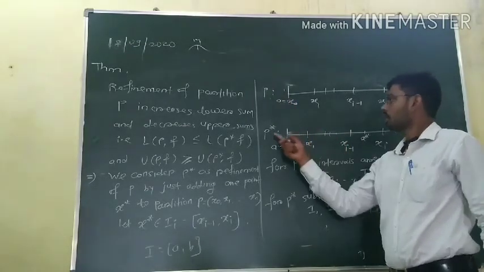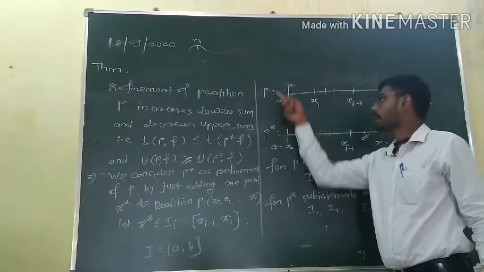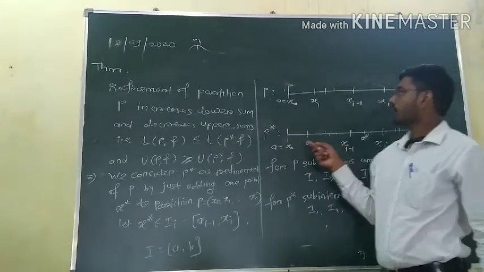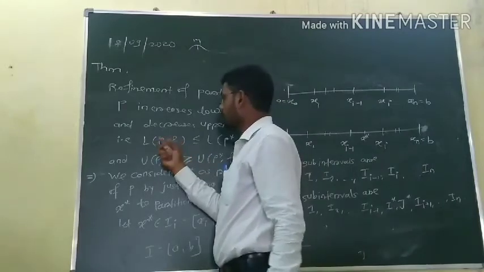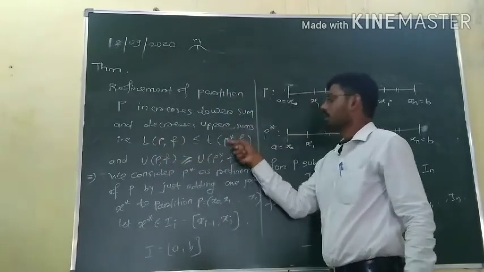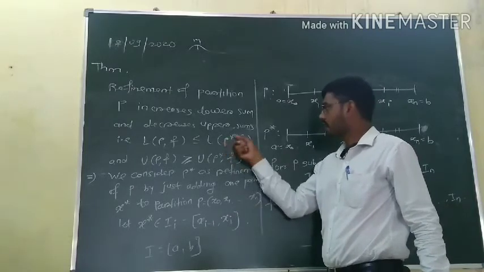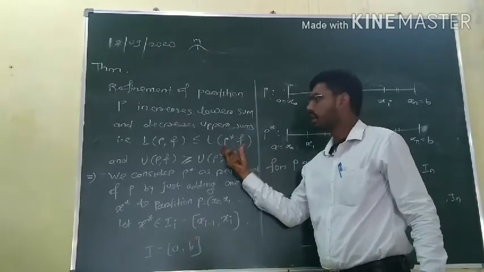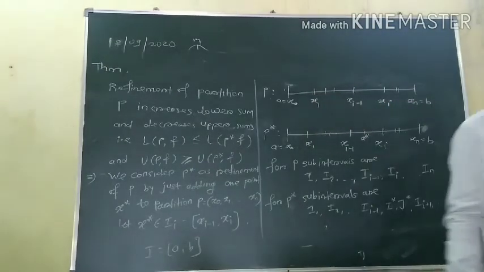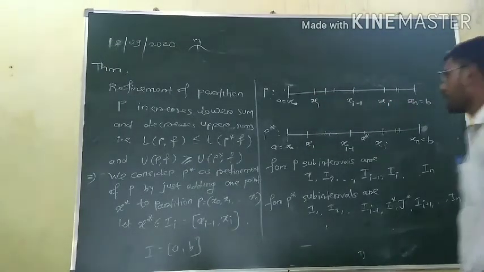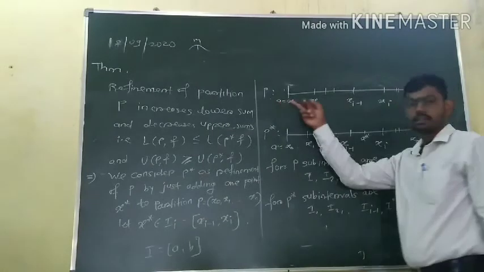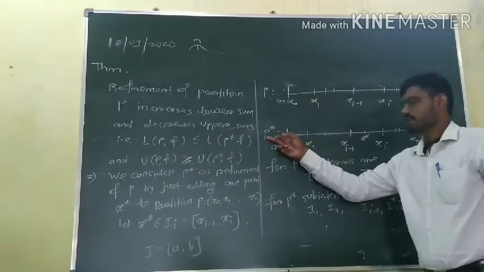So this is the refinement of partition P. Now we will calculate the lower sum with this partition, and we will see that this lower sum with the refinement partition is greater than the previous lower sum of the function with the original partition. So this is the original partition. This is the partition after refinement.